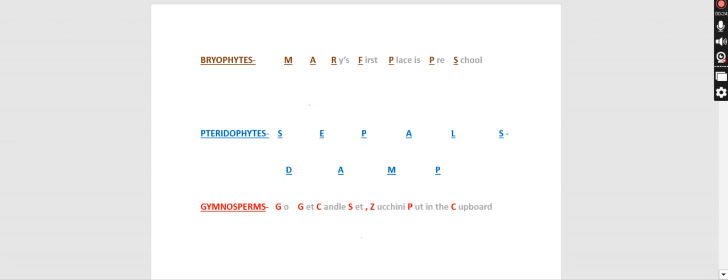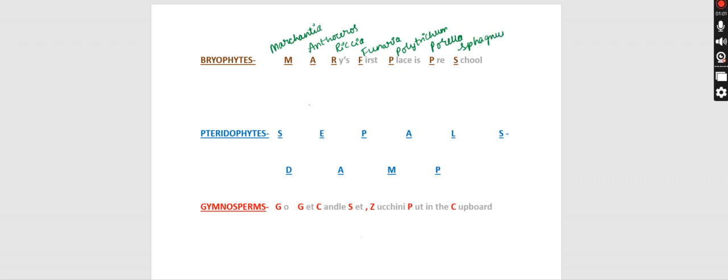So coming to the bryophytes, we can remember all the examples in a sentence, that is Mary's first place is preschool. So here M is Marchantia, A for Anthoceros, R for Riccia, F for Funaria, P for Polytrichum and another P for Porella, S for Sphagnum.